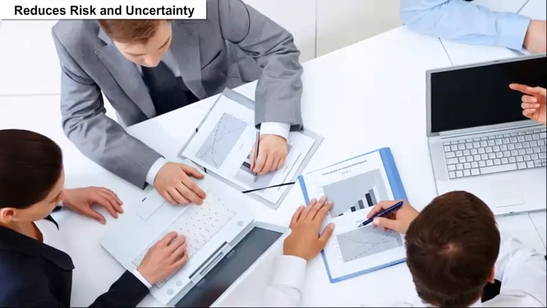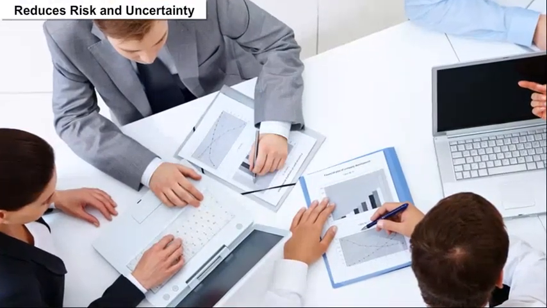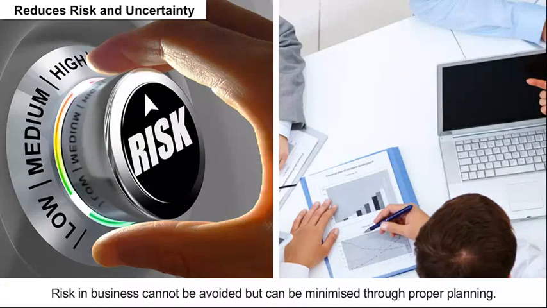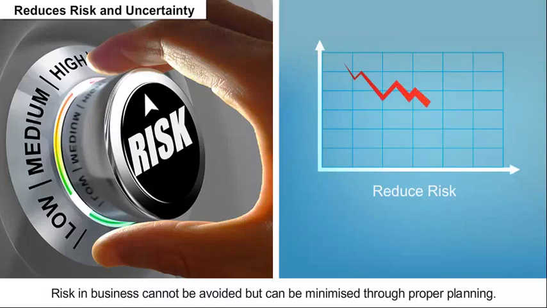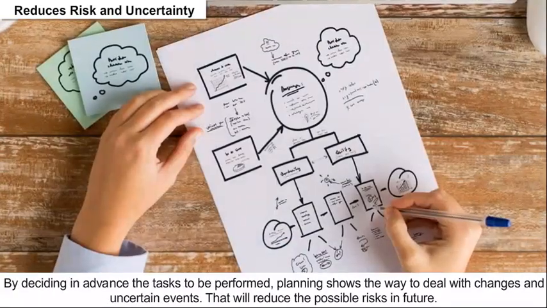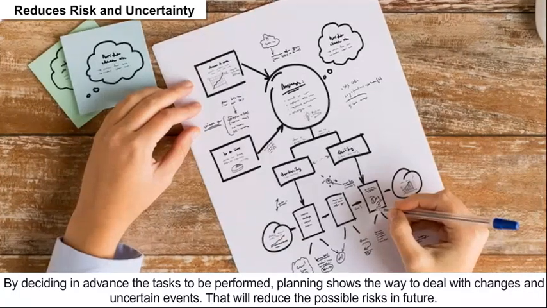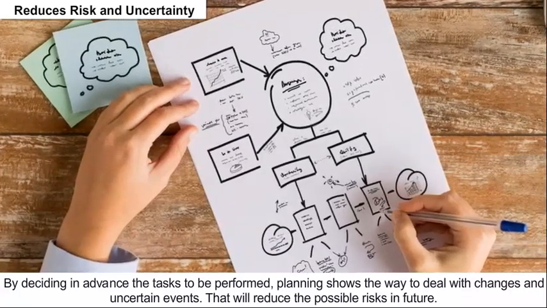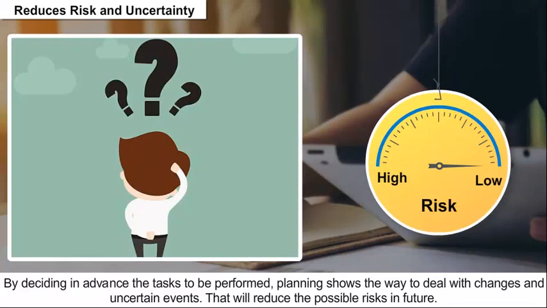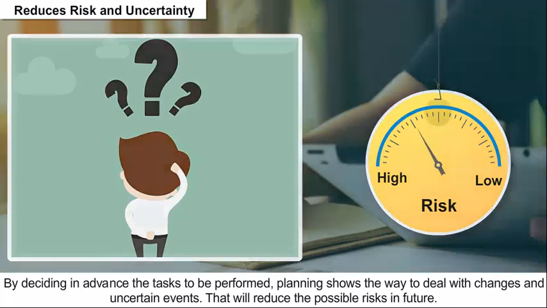Reduces risk and uncertainty. Risk in business cannot be avoided but can be minimized through proper planning. By deciding in advance the tasks to be performed, planning shows the way to deal with changes and uncertain events that will reduce the possible risks in future.